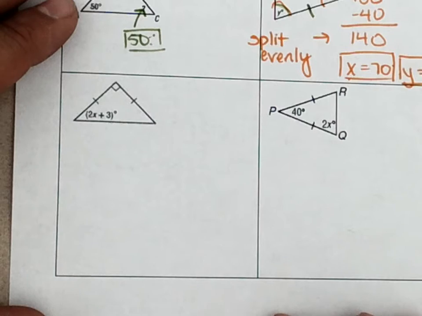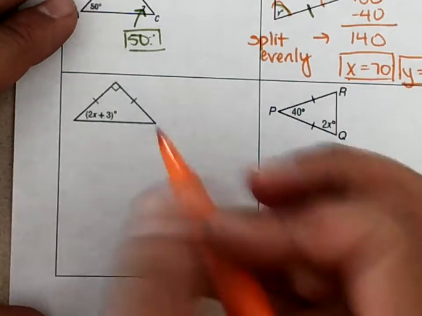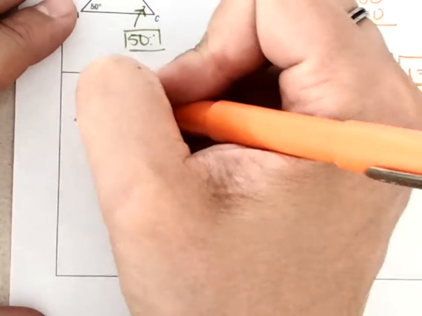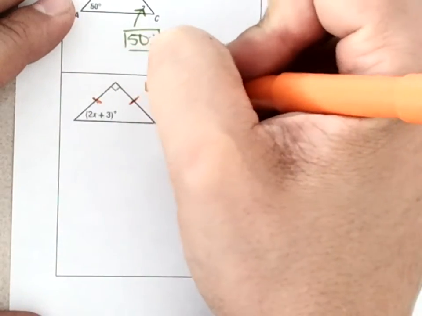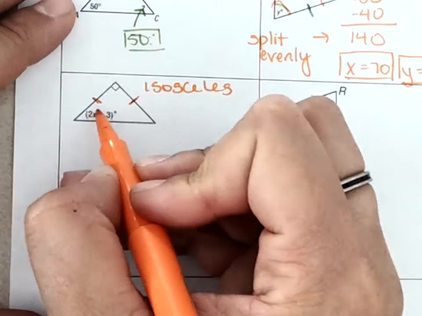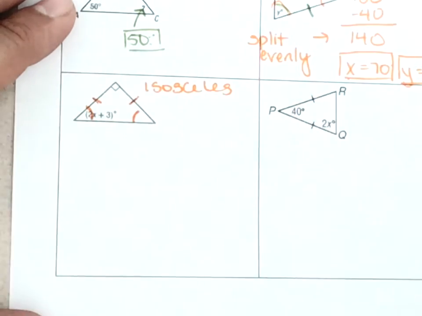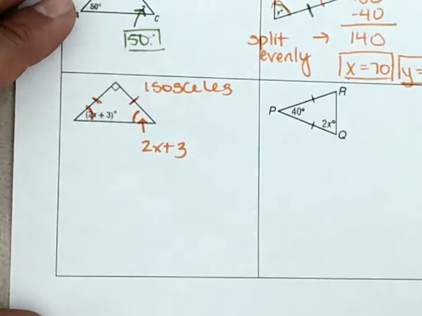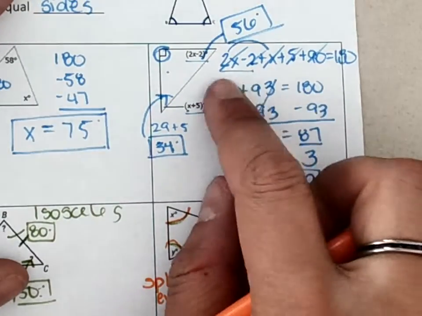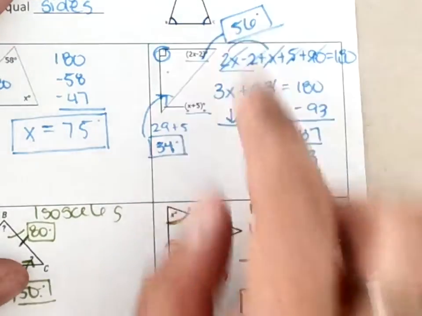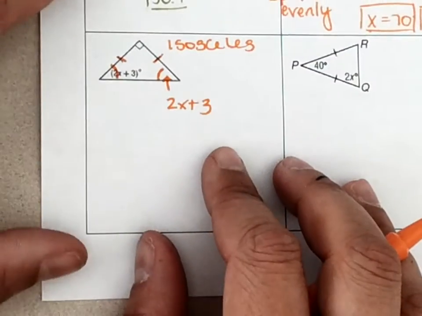In our fifth example, we're going to use an expression, a 90-degree angle, and again, we know that these are isosceles triangles because there are two congruent sides. So because this base angle needs to be congruent to this base angle, we can label it as 2x plus 3 as well. So just like in this one where we couldn't subtract, we had to set up an equation, solve for x, and then plug x back in, we're going to do the same thing for this one.